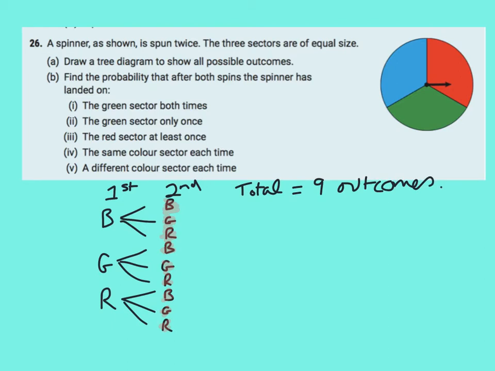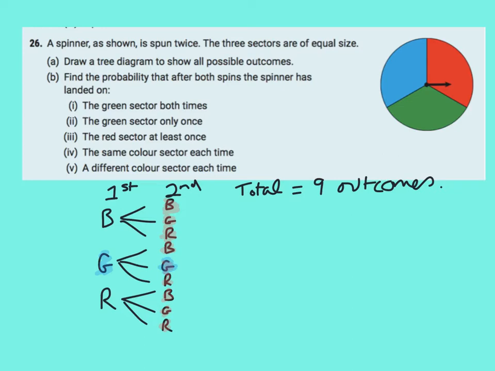Okay, the next thing it says, find the probability that after both spins, the spinner has landed on the green sector both times. So if we try and find where the green sector is for both times, we have green here, and we also have green here. And nowhere else do we have green and green.